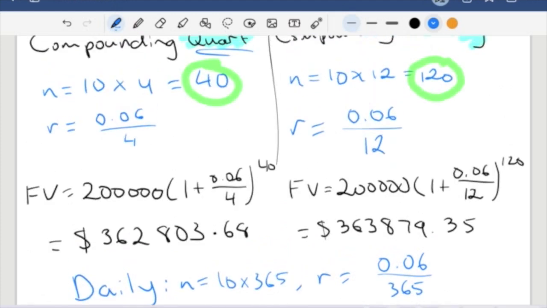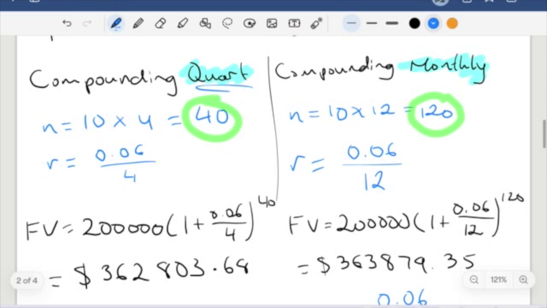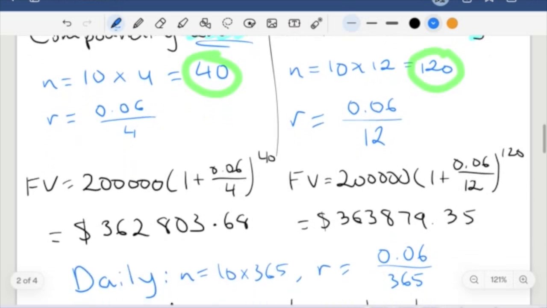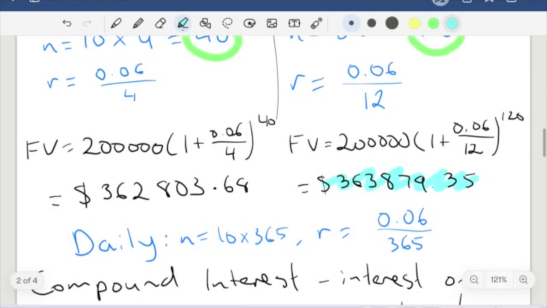Try substituting it into this future value formula we've been working through and see what you get. You'll get something that's even higher than this, because even just looking at this part, 10 times 365, that's 3,650. We are compounding that many times.